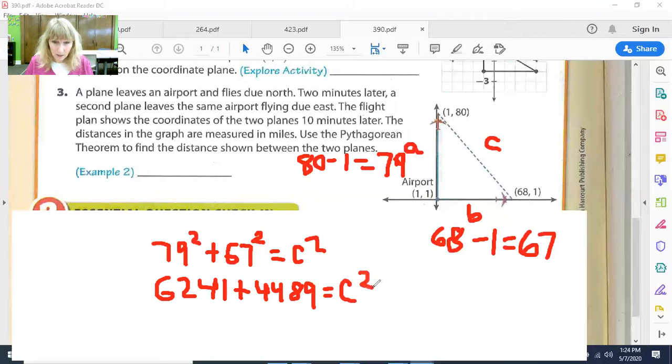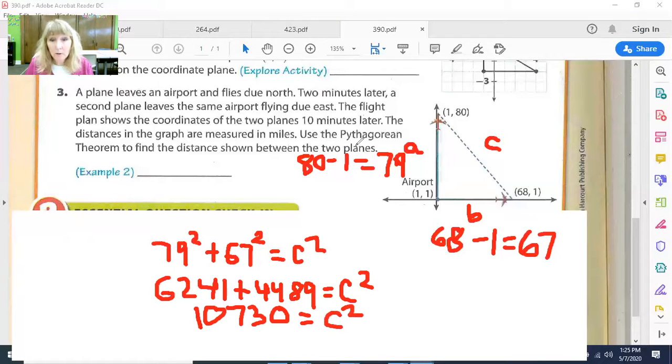Okay, and now we're going to add 6,241 plus 4,489, and you get 10,730. 10,730 equals C squared.